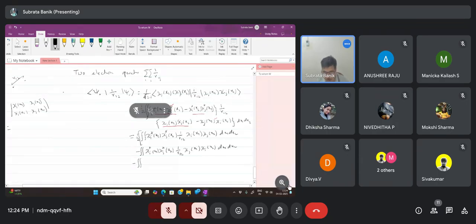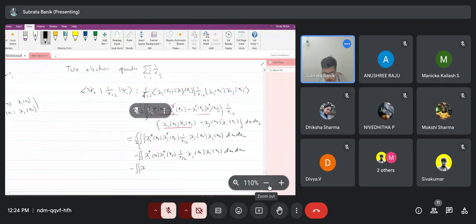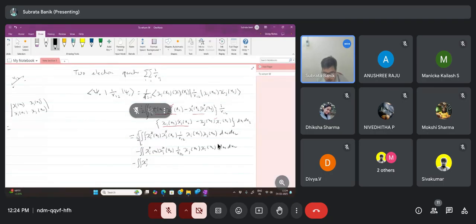Double integration of chi i star x2 chi j star x1, 1 upon r12, chi i of x1 chi j of x2 dx1 dx2.